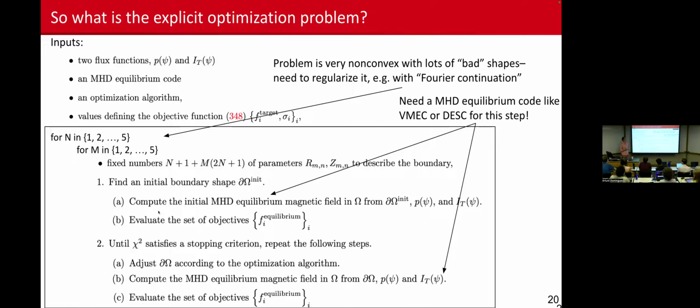I don't know how true this is. I'm not sure anyone's looked at it super closely, but this is the sort of story that's told. And indeed, if you try to directly optimize with lots of modes at first, you'll get a poor solution in general. This continuation does tend to help get you much better, much more quasi-symmetric solutions.